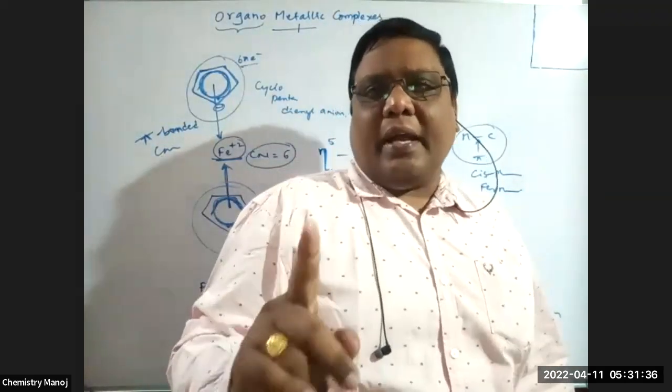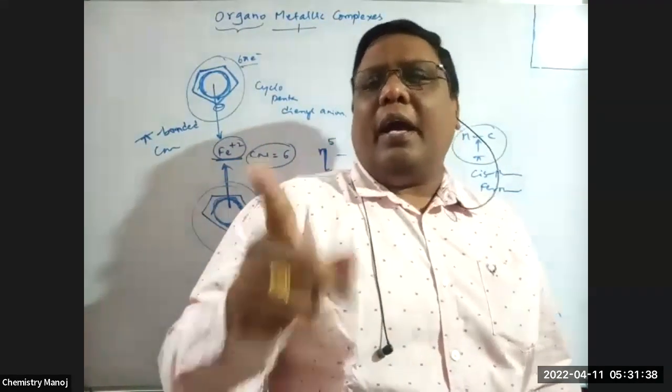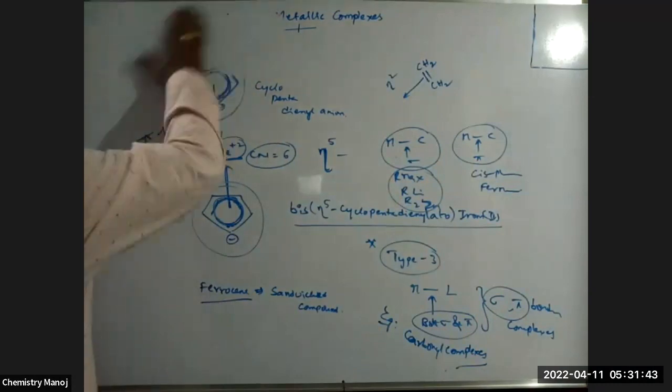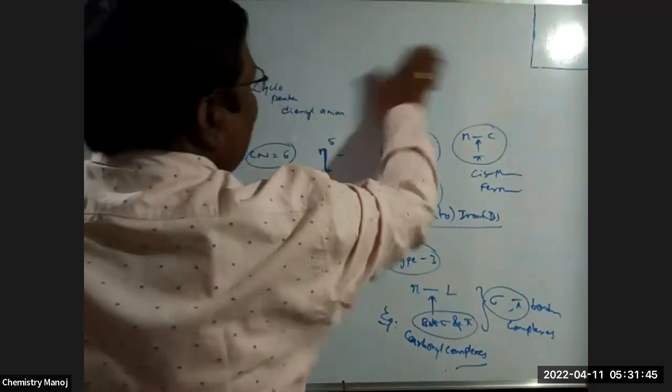Carbonyl complexes are examples of sigma pi bonded compounds. That means between metal and ligand, both sigma bond and pi bond exist. See what happened. Let us take a carbonyl complex.